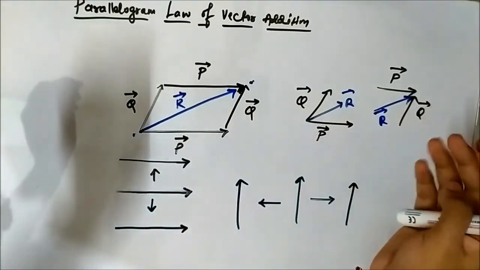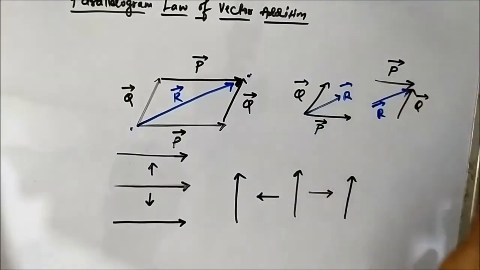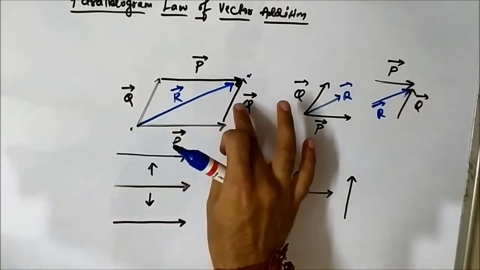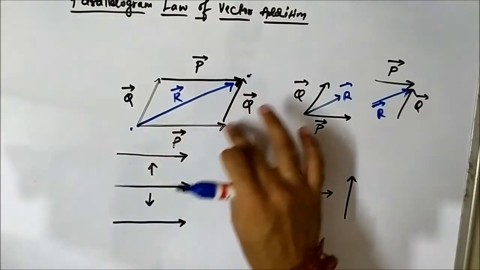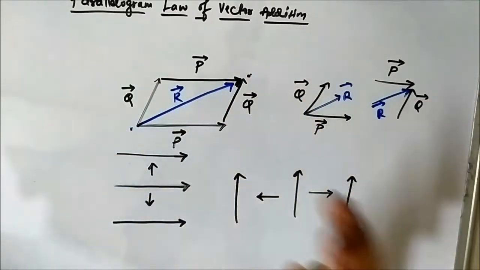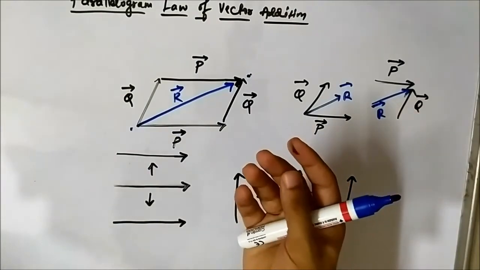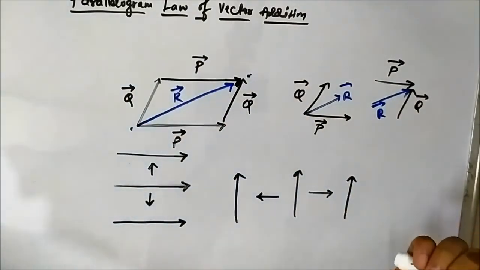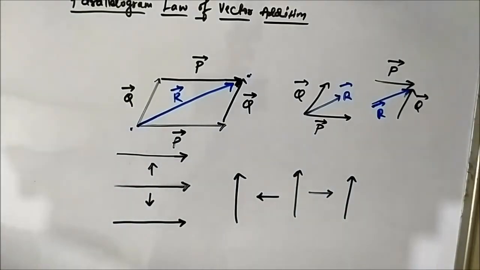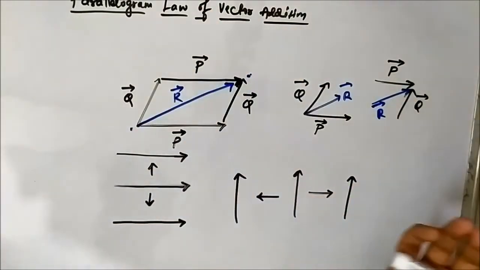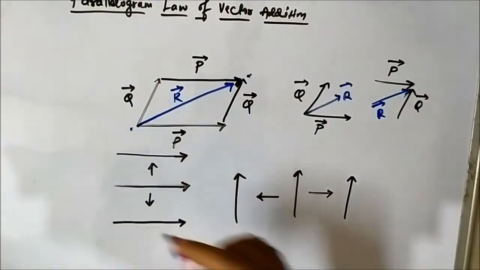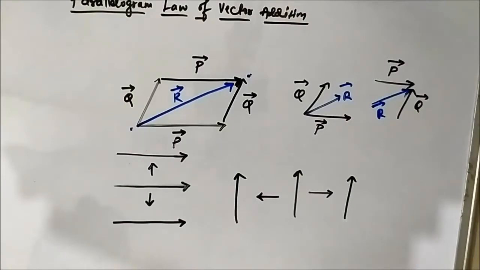We can also understand it with the help of the triangle law. If we shift this Q vector here, it becomes a triangle, the same as the triangle law of vector addition. But here, just to look at a new way, we made the parallelogram. The triangle law is a bit simpler to understand. So this is the parallelogram law of vector addition, the basic idea.